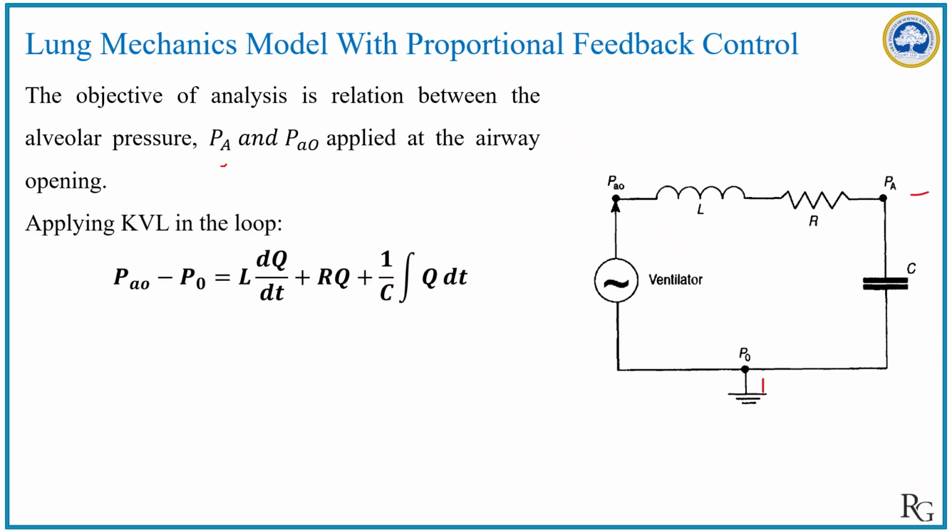If we apply KVL in this loop, as there is only one loop, we will get PAO minus PO is equal to L dq by dt, where Q is the airflow volume or the current in the complete circuit, plus RQ plus 1 by C integration of Q dt. These are the potential drops across each element. KVL states that the potential drop across each element in a closed loop is equal to 0.